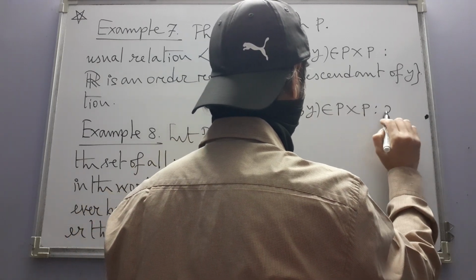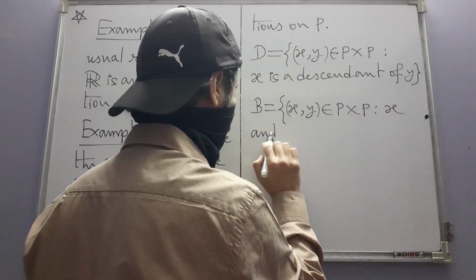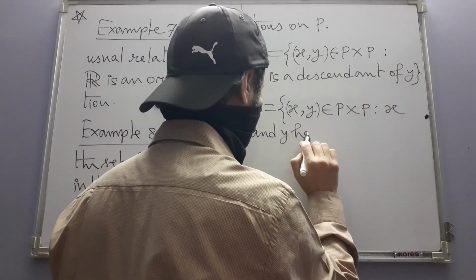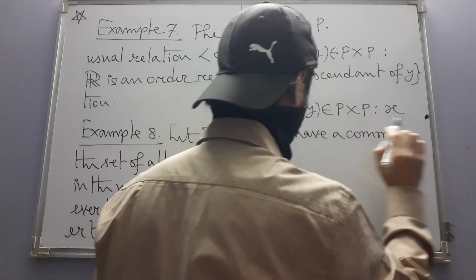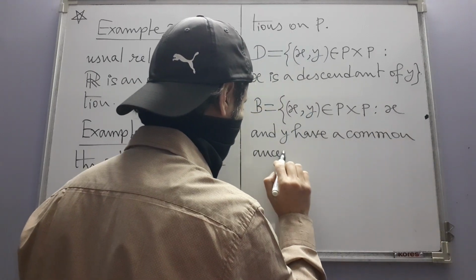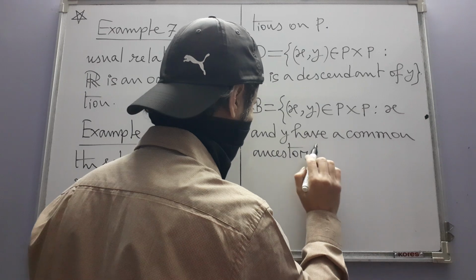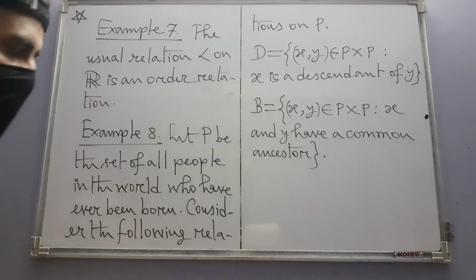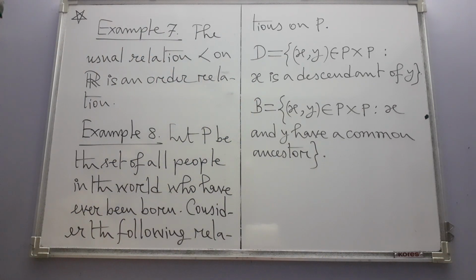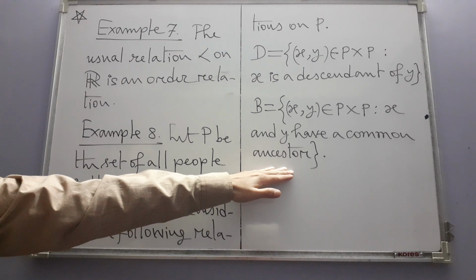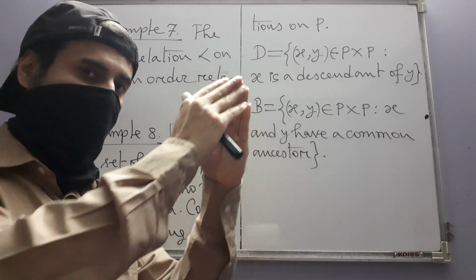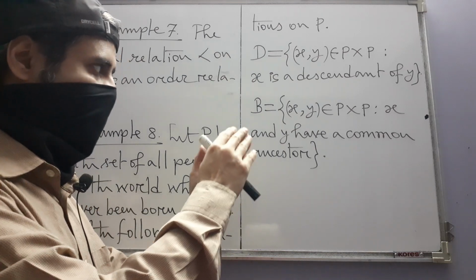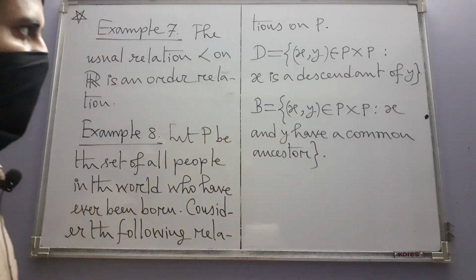The set of ordered pairs in P times P such that X and Y have a common ancestor. Okay, X and Y are related by blood. If you look at the family tree of X and Y, there is some common ancestor from whom they have come.